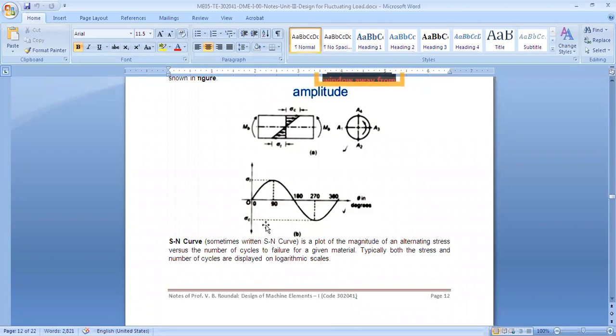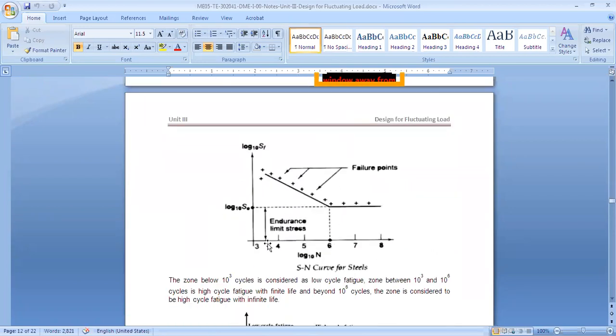And when we plot the graph of stress against the number of cycles it is going to survive, meaning it will not fail, that graph is called the SN curve. Okay, so this is the SN curve. But since the number of cycles is very large, like 1,000, 10,000, 1 lakh, 10 lakh, or more, we cannot plot on a normal scale.